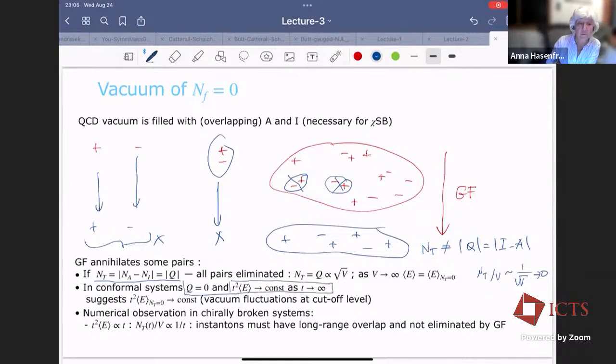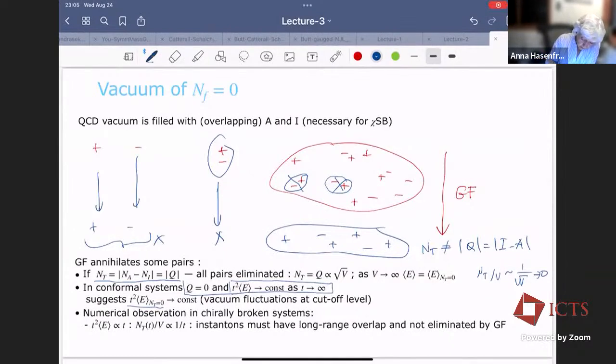That is just like a conformal system, and there we know that t squared E goes to a constant. That's what we expect, the fixed point value, and that's what we see on the lattice. So these are the vacuum fluctuations at the cutoff level.